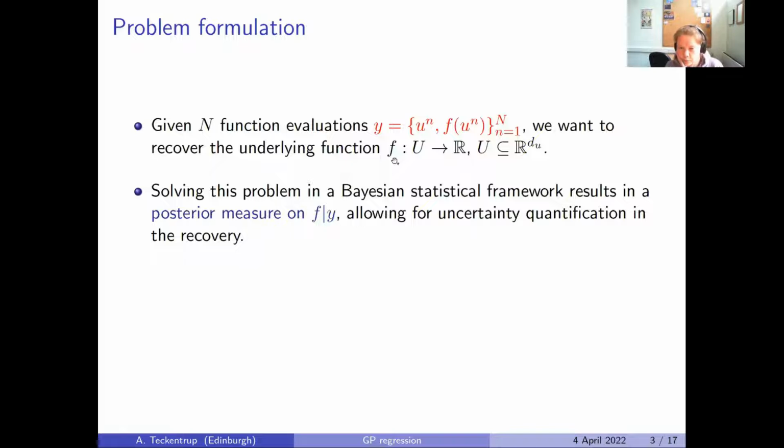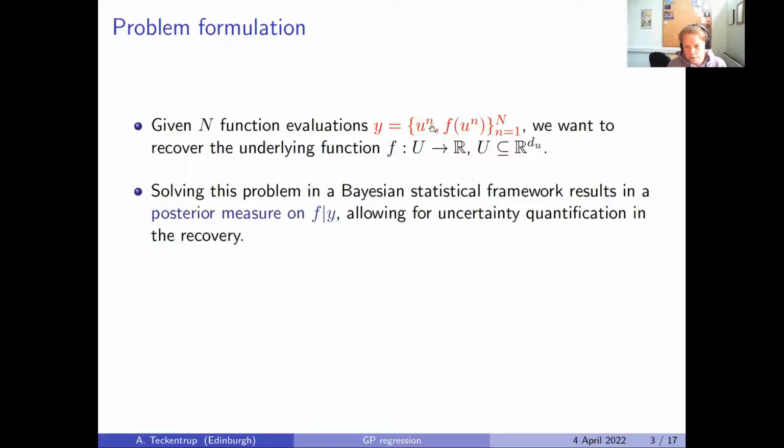Okay. So this is the problem that I'm interested in. It's a very general problem, so I'm sure many of you have seen this before. It appears in very many different situations and application areas. One example is in machine learning applications where you want to do prediction. You have some training data in the form of input-output pairs, and then you want to predict what the output is going to be at a new input.